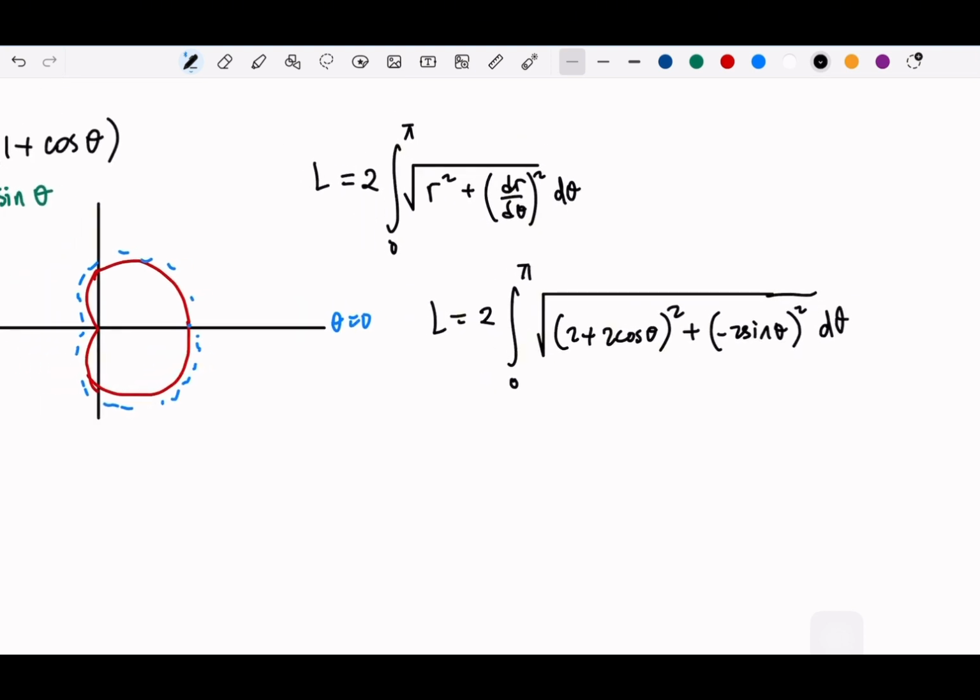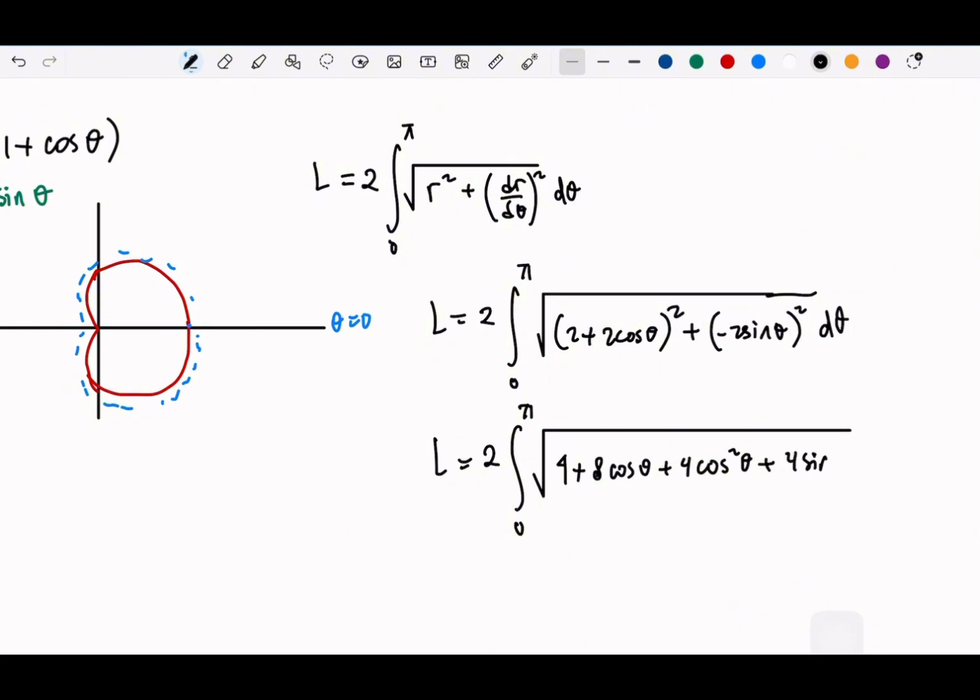And then we try to finish this equation. We try to solve this, and it takes time, it takes patience. 4, 8, right? And then 4 cosine squared theta plus 4 sine squared theta, and this is something we like, right?